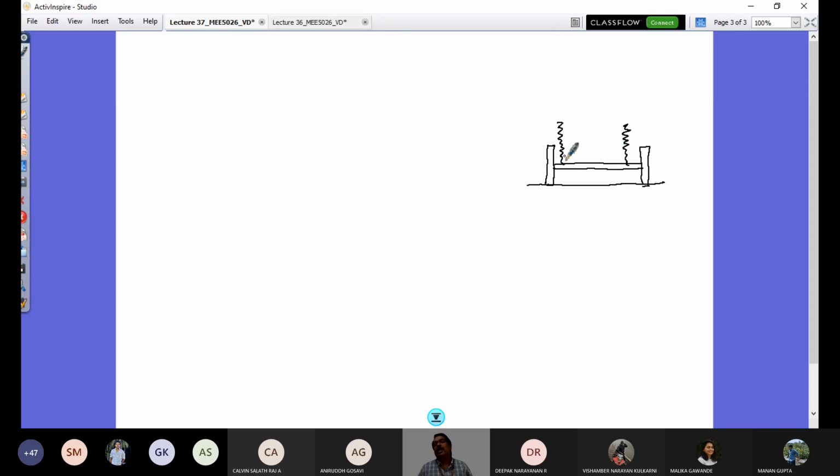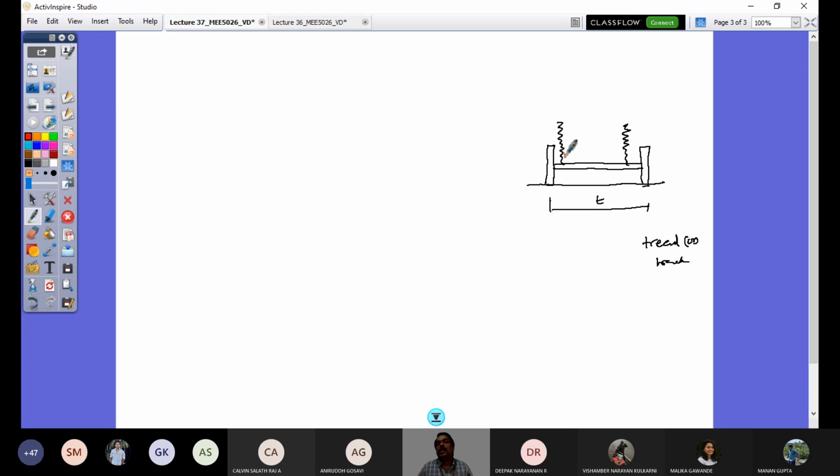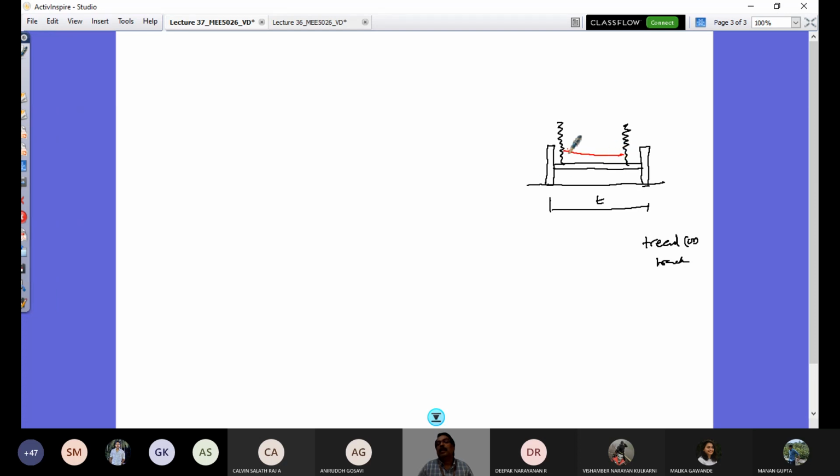Then you may consider this separation distance as the same as the distance between the wheel contact points. So generally we call this distance tread or track, defined by small letter t. That is called tread or track. And the separation distance here for the spring, let us consider this distance as s, right?